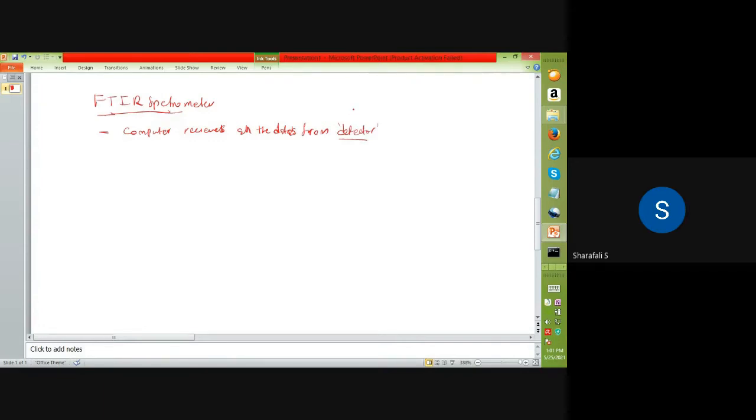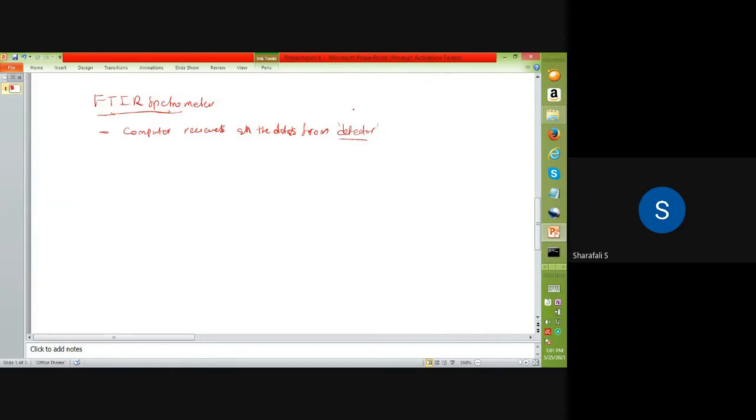In this case we cannot distinguish each and every frequency because we are not using a monochromator in FTIR spectrometry. I will discuss that in later sections. We will be sending all the radiation at the same time, and all the radiation will pass through the sample.